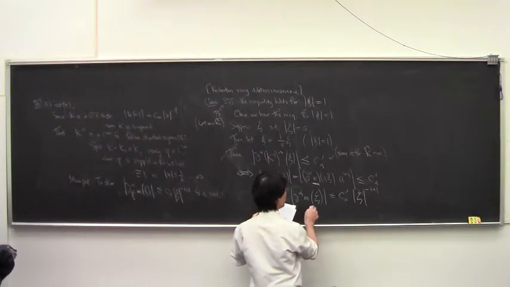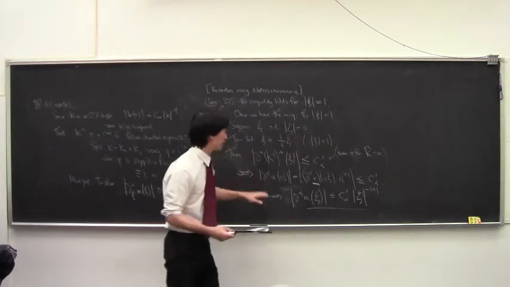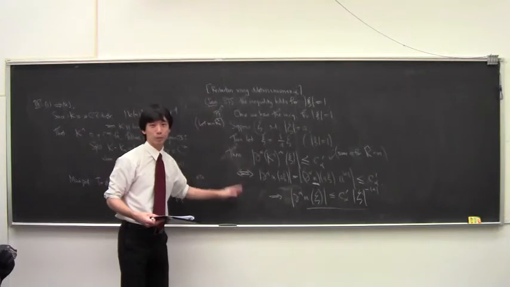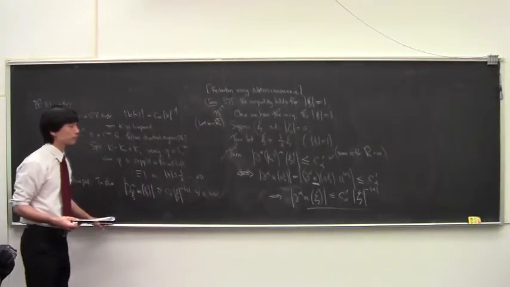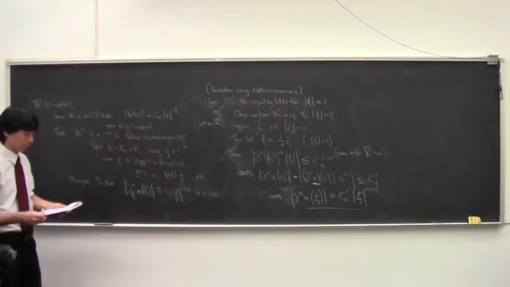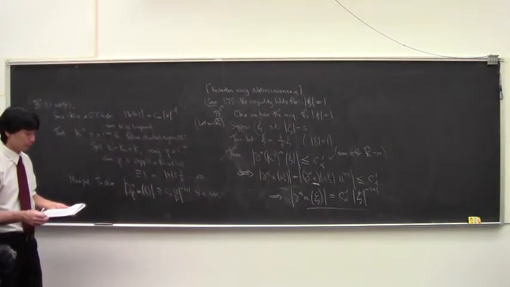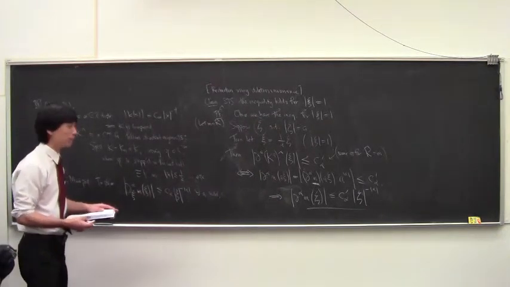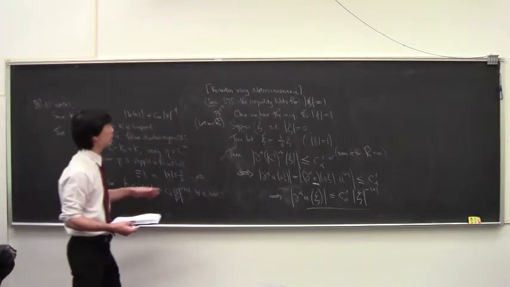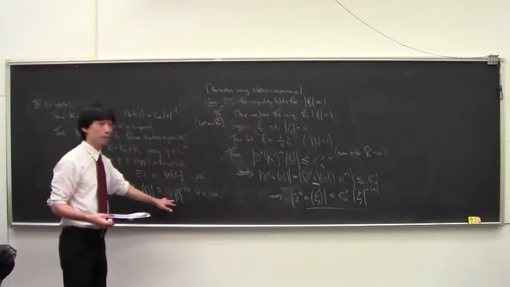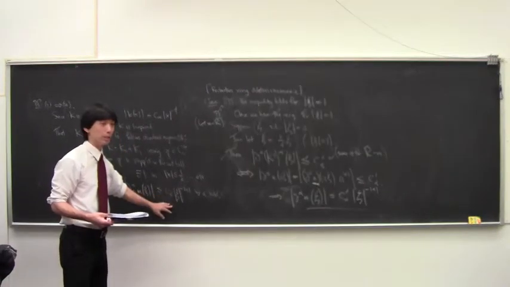That gives you the inequality for guys that are not of size 1. So it's simple. The dilation invariance of the class allows you to just reduce down to proving the inequality on the unit ball.